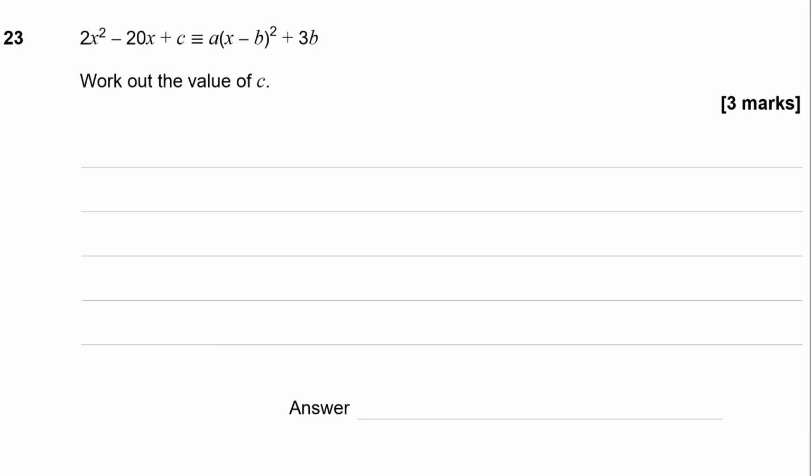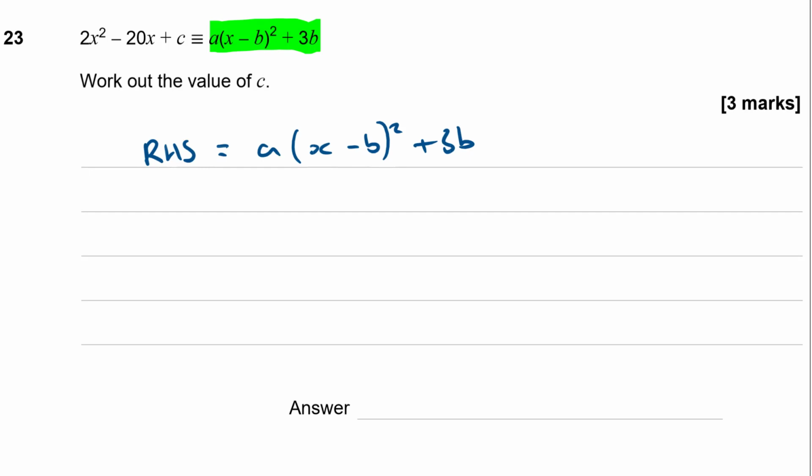So I'm going to take the right hand side of this identity and make it look more like the left hand side, so we can read off the values. Okay, so I'm going to start off with the right hand side, and that is equal to a lots of x minus b all squared plus 3b. Now multiplying out the brackets, if you're not very good at brackets you might want to write those two brackets out, x minus b, if that makes it easier for you.